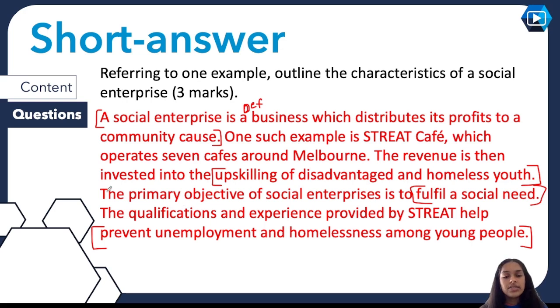It's easier to provide your definition of a social enterprise, go straight into your example, and use your example as a way of demonstrating your knowledge of the characteristics, using specific evidence from that example so that you're linking it to those parts of the question. Okay, awesome. Hopefully that makes sense. Let's continue on.